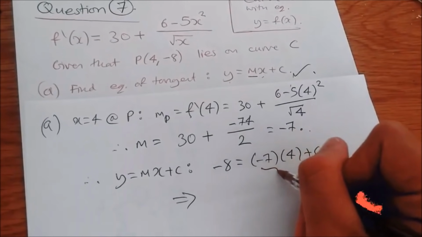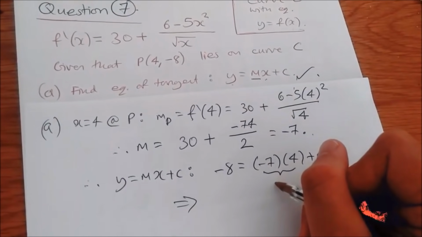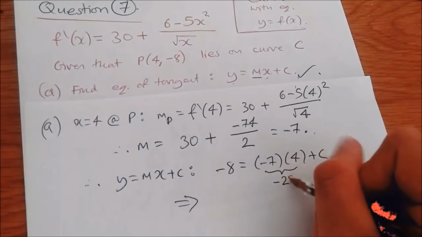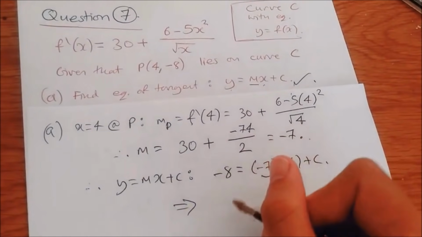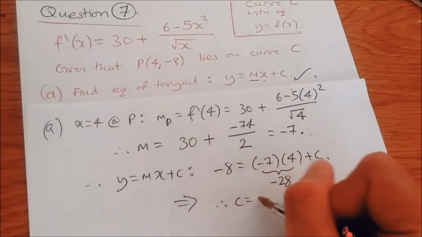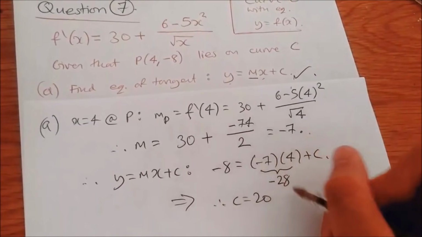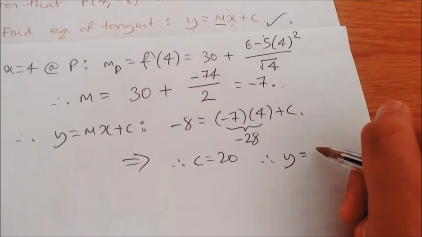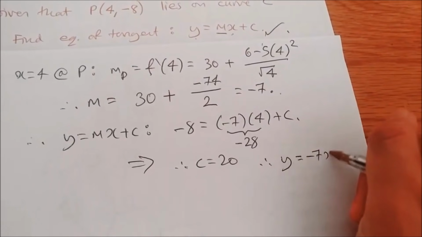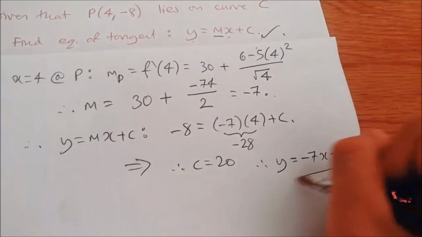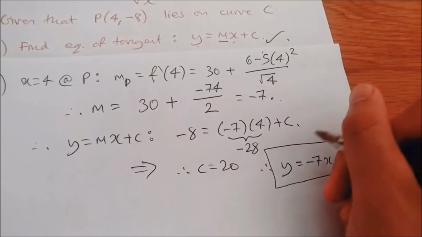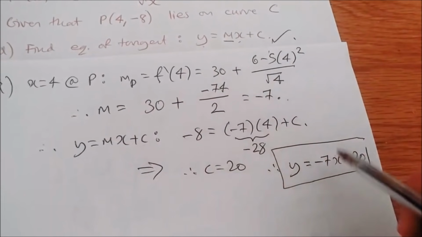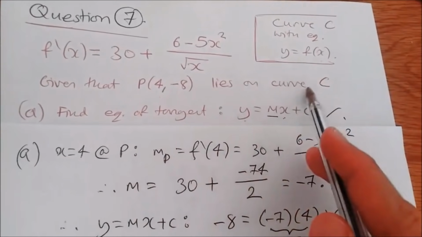We know these two, minus 7 times 4 is minus 28. Plus it across, we're going to therefore get c equals 20. Hence, our equation of tangent is now y equals minus 7x plus 20. And that's it. This is the equation of the tangent at this point P.